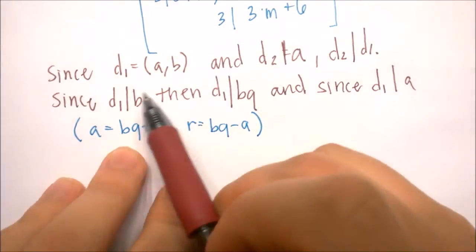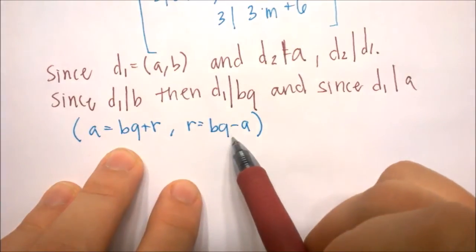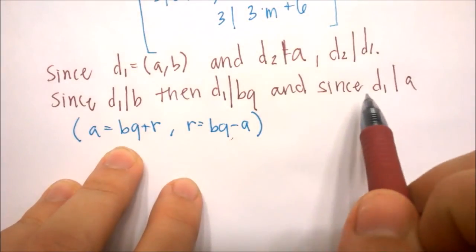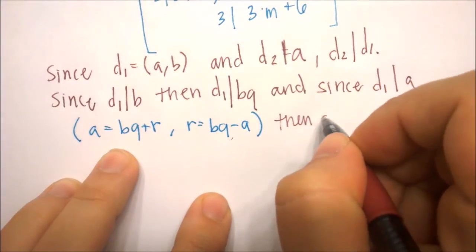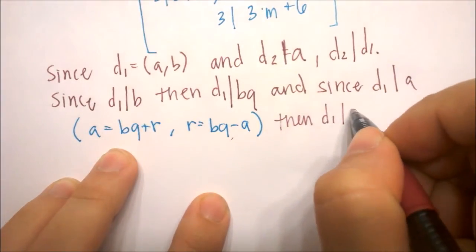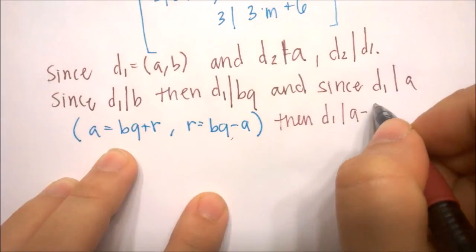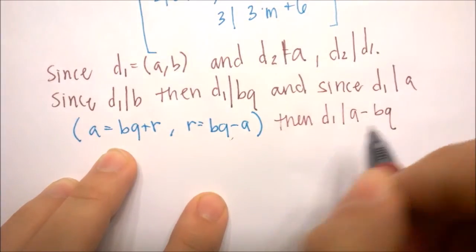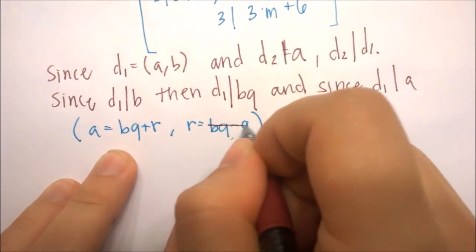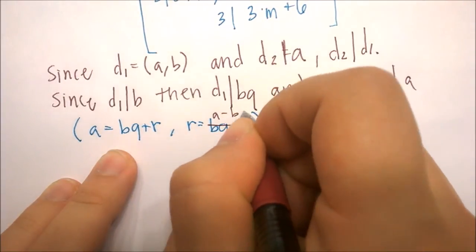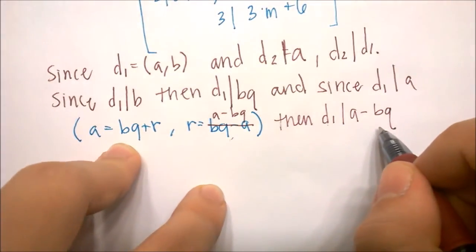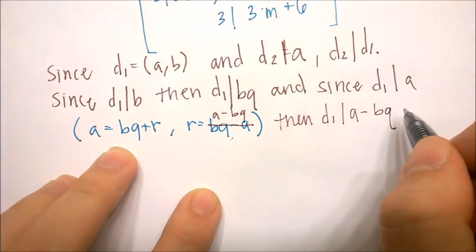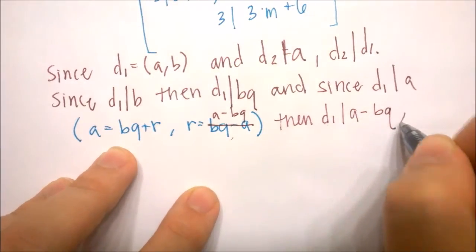Okay, so that's just a little side note. So we know that D1 divides BQ. Also, it divides A. So then D1 divides A minus BQ. Whoops, this should be A minus BQ. Okay, so D1 divides A minus BQ.